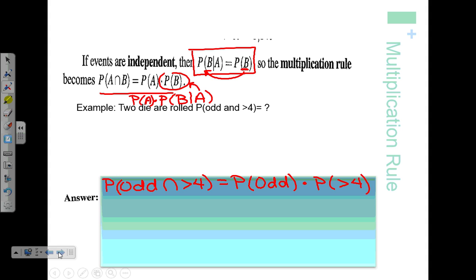So what's the probability of getting an odd on a die? Of course, it's 1/2. What's the probability of a second die getting something greater than 4? So that means you'll get a 5 or you'll get a 6. So that's 2 out of 6 possibilities, 2/6 or 1/3. And so we multiply those up. And of course, we get 1/6 is the probability of getting odd and greater than 4. Great job.